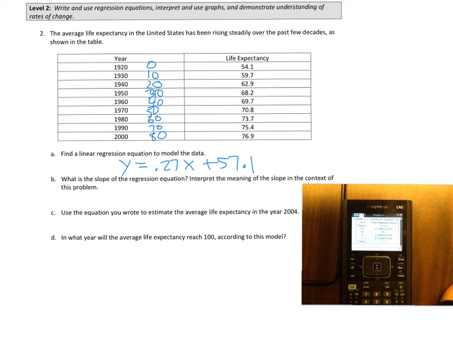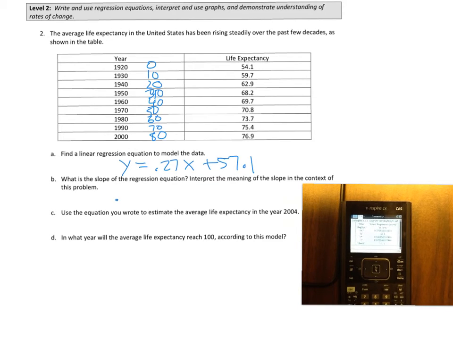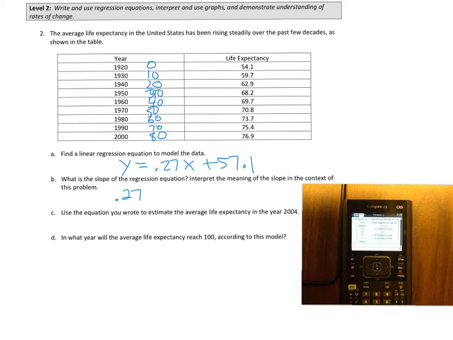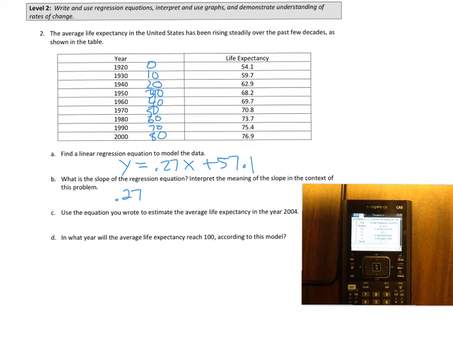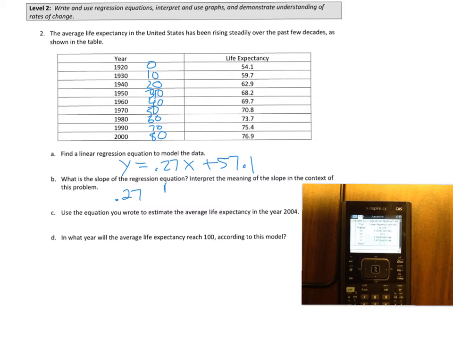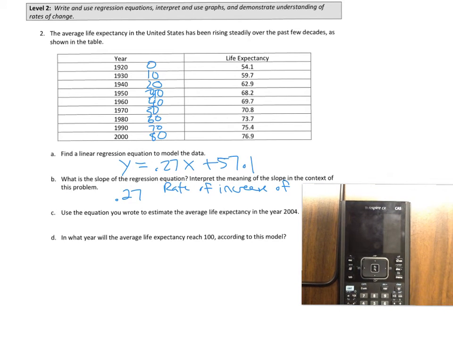And the slope of this regression equation is the m, or the number we put in front of x, which is 0.27. And what does it mean in the context of this problem? Well, this problem is about how the life expectancy is changing. So since it's increasing, remember that slope is a rate of change, so this represents the rate of increase of the life expectancy.